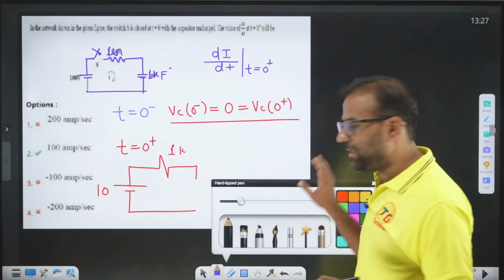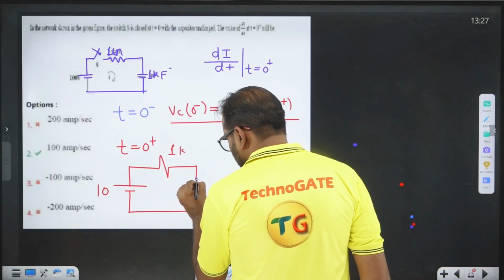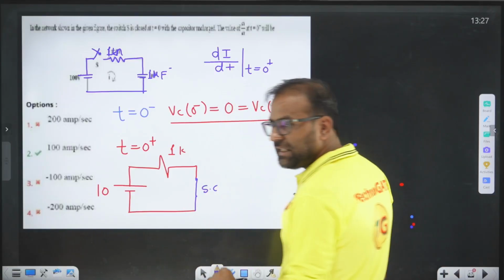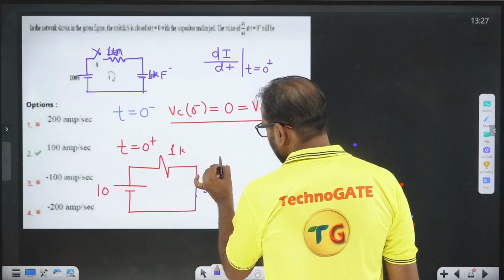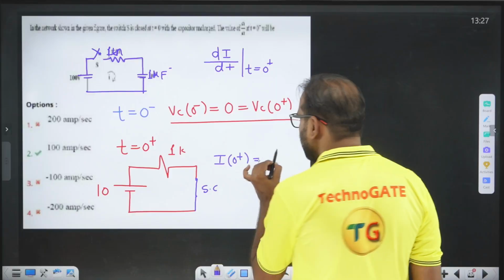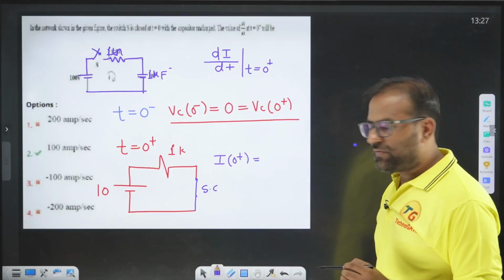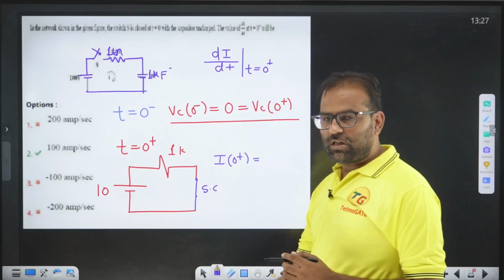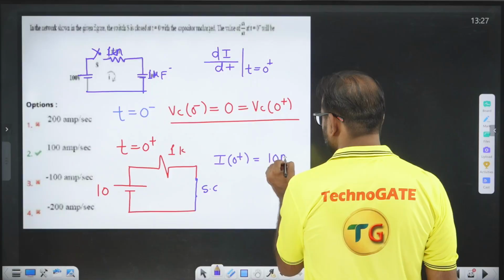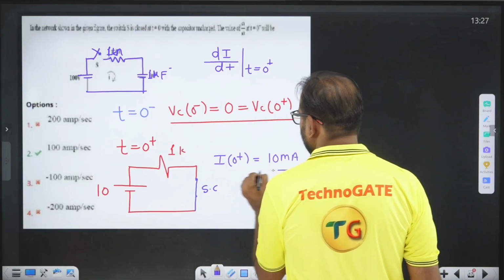The capacitor will behave as a short circuit. So I am using a short circuit here. And can I say the current I(0 plus) is equivalent to the potential difference divided by resistance? 10 volt potential difference across 1 kilo ohm. So 10 milliampere is the value of current we are having.